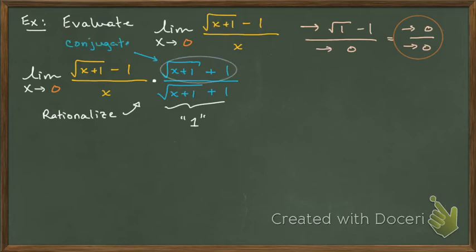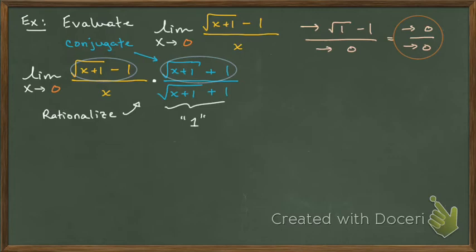This guy here is the conjugate, and that is called rationalizing. So I look at that radical expression, I change the sign to plus, and then I multiply both top and bottom by that expression. I have to multiply by 1. I can't just multiply the top or the bottom, or cancel things willy-nilly. So I have to be careful. But the conjugate does something specific here.